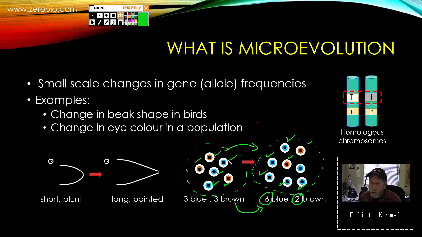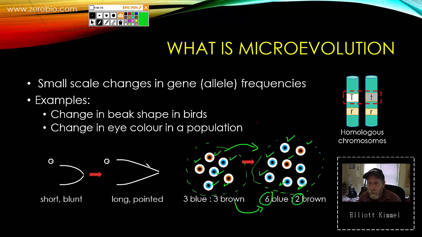As the blue-eyed organisms reproduced more, there were more blue-eyed babies born in the population. The population has evolved. Individuals don't evolve. You don't evolve and have 1 blue eye and then later on in your lifetime have 6 blue eyes and antenna and stuff like that. I mean, I suppose that could happen, but that's not how evolution works.